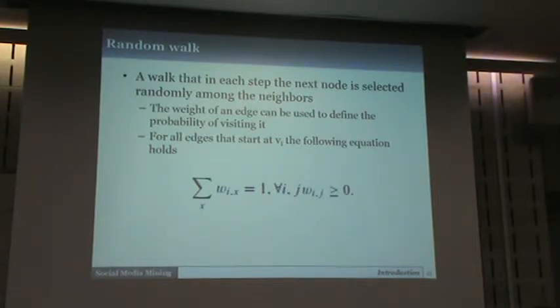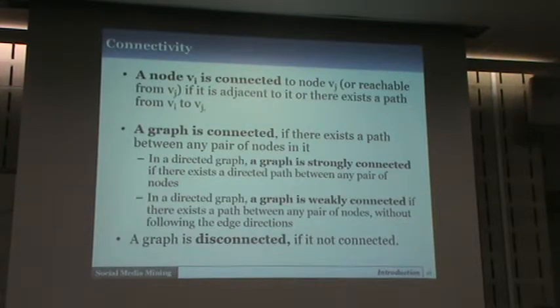So random walk is, so the next node, when we travel, the next node is randomly selected, or you can give some condition like the highest weight or something like that. That is called the random walk. Then, can we measure such a connectivity?